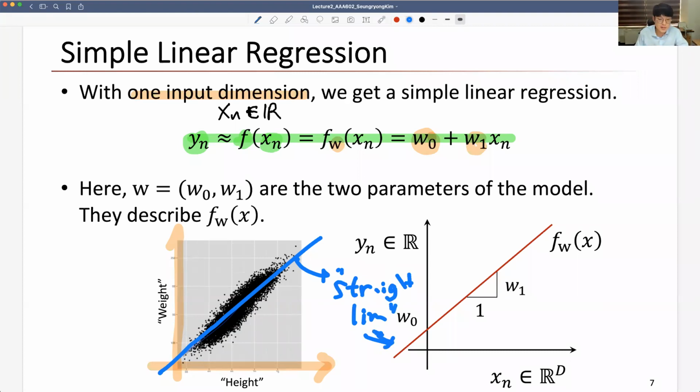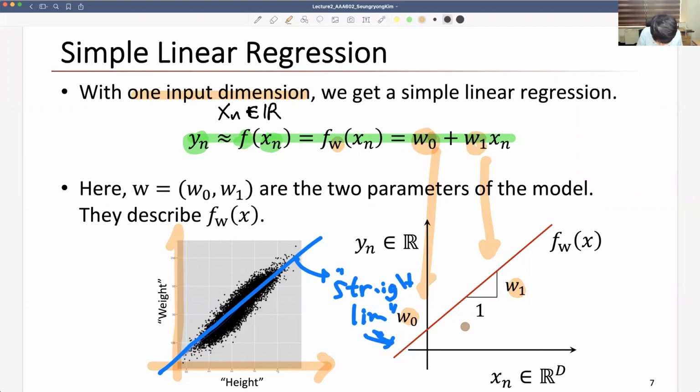We can define this straight line with two variables, w0 and w1, right? Here, w0 is the intersection of this straight line with the y-axis, and w1 is going to be the slope of this straight line. Then by changing the parameters w0 and w1, we can modify this straight line. Our goal is to find the optimal straight line that approximates our training data set well, which will be the training procedure.